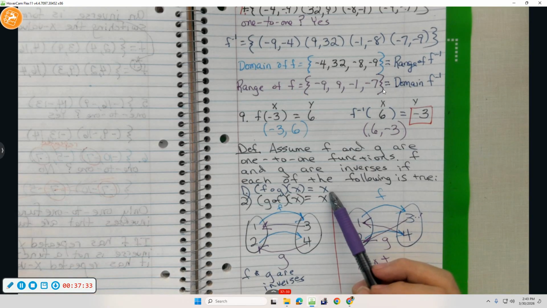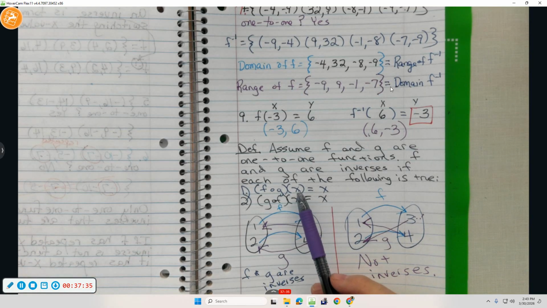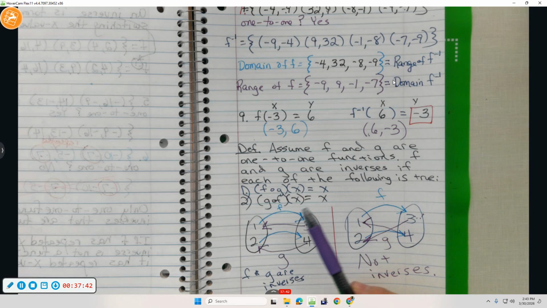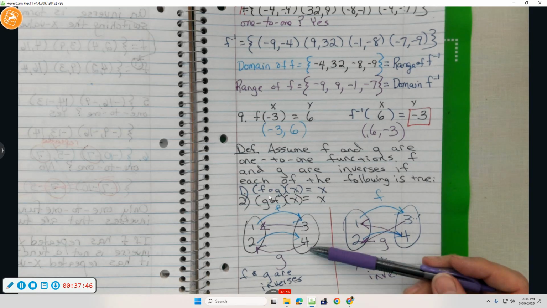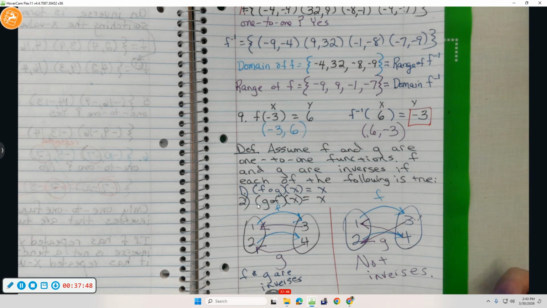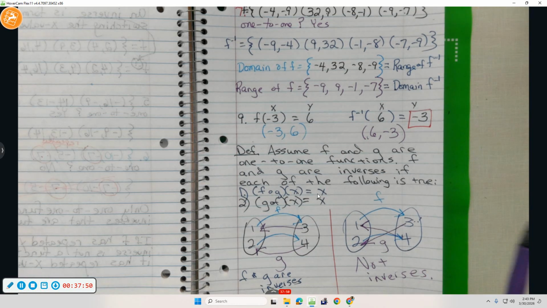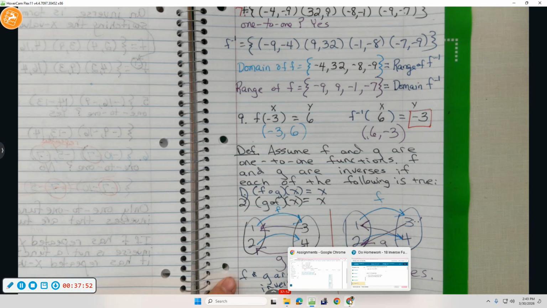This notation is saying no matter where you start, when you perform the two functions consecutively, you'll end up where you started. And the only way that happens is if the x's and y's are just swapped. But now we have an algebraic method.